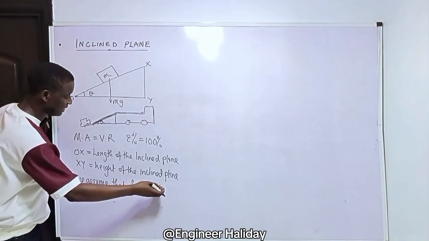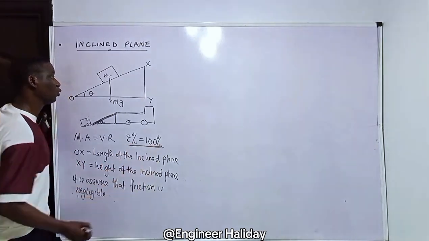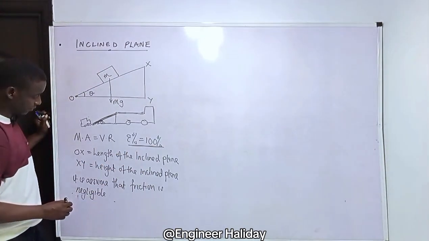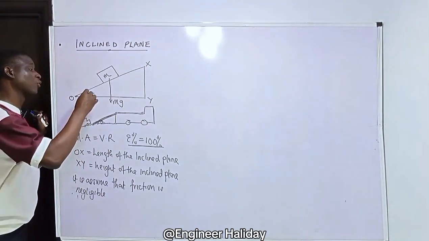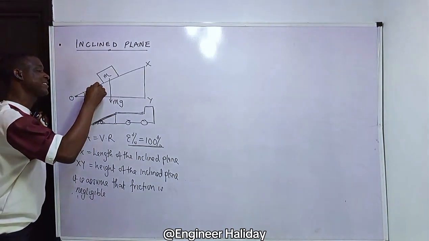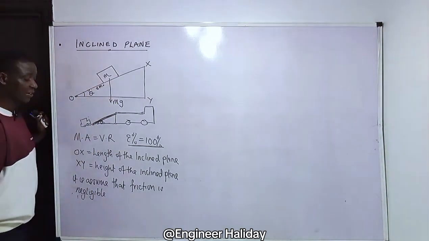If friction is negligible, then efficiency will be equal to 100%. That means we can also assume that the plane is smooth in that regard.